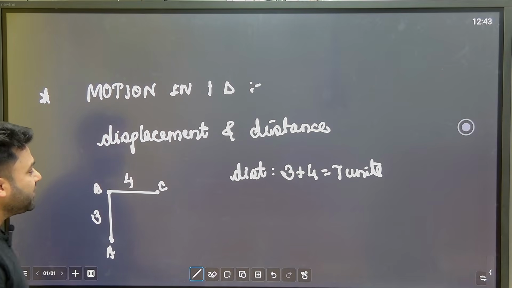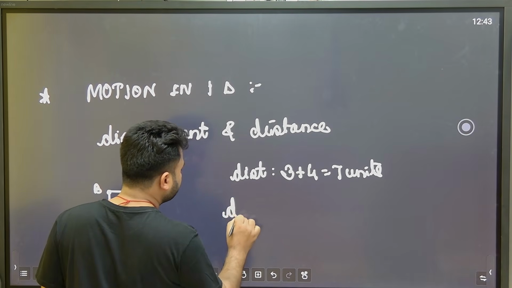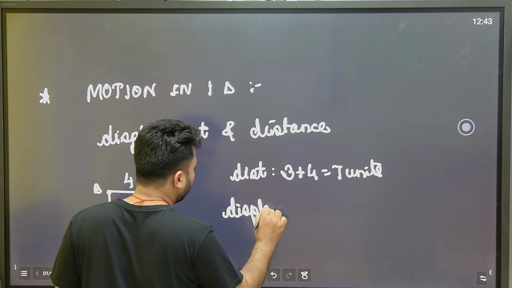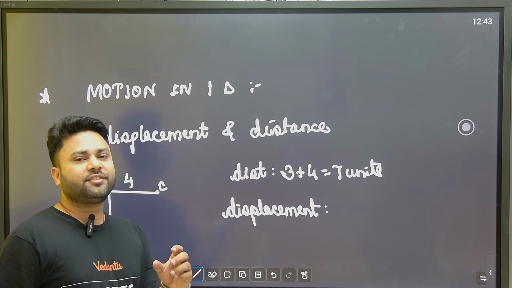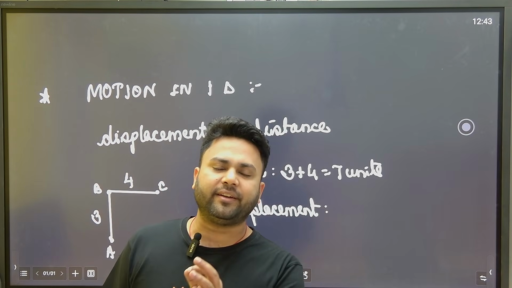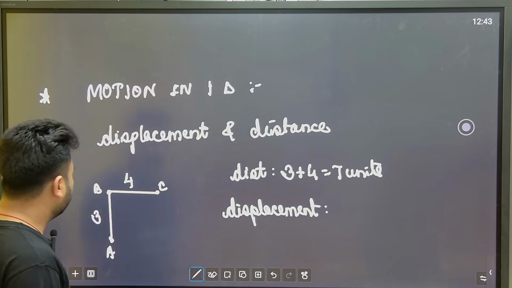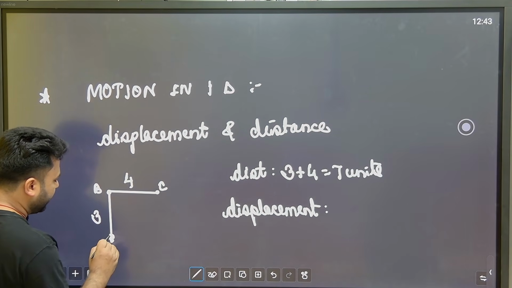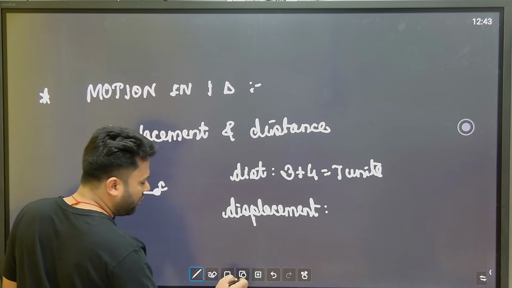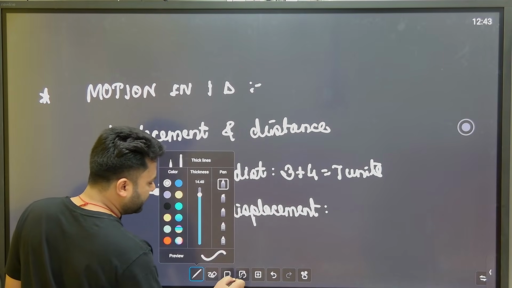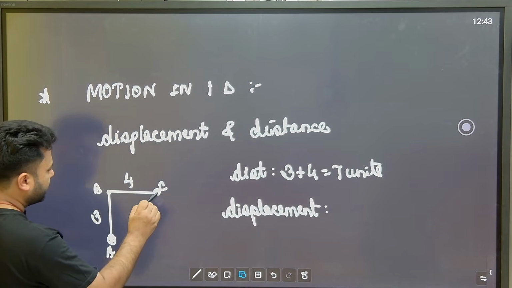But if someone asks what is the displacement, so displacement is the shortest distance between the initial point and final point. Means you have to mark the initial point, mark the final point, and draw a line joining these 2 points.